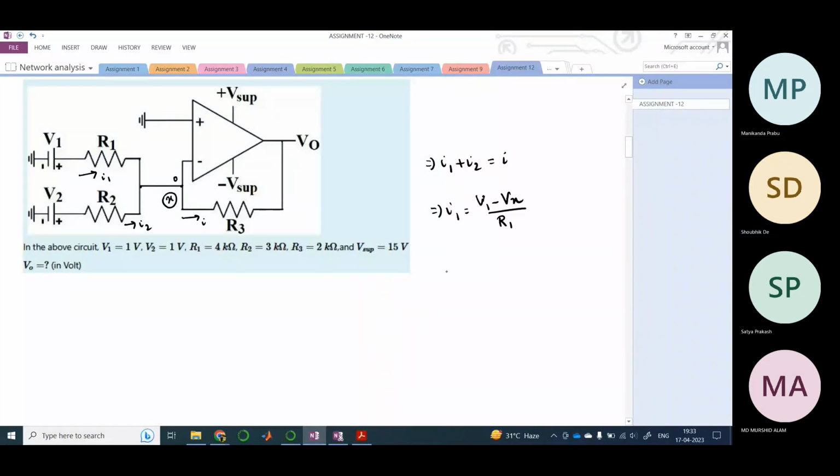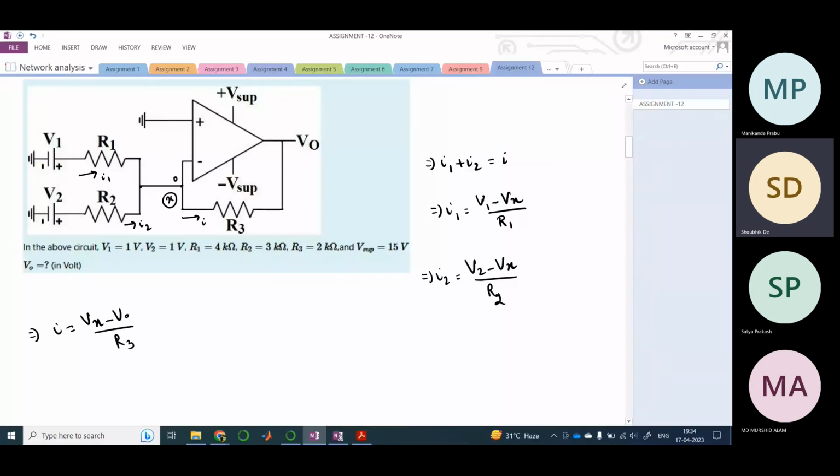And your I2 would be V2 minus Vx by R2. Similarly, I would be Vx minus V0 by R3.